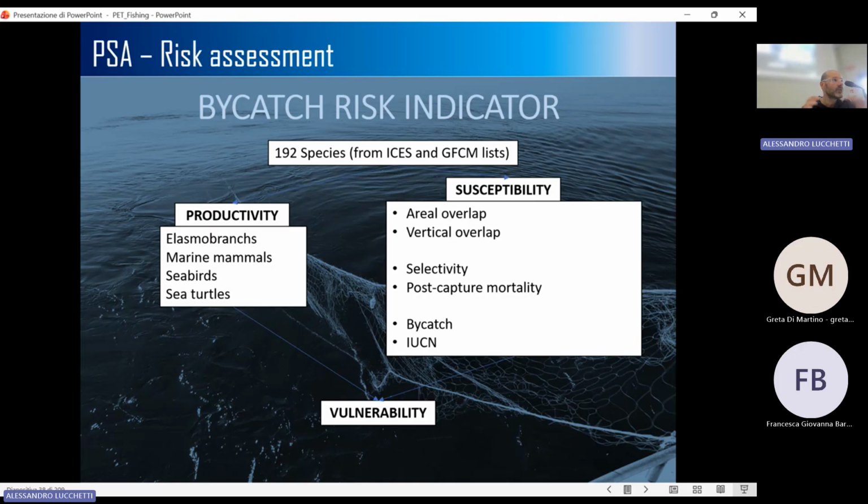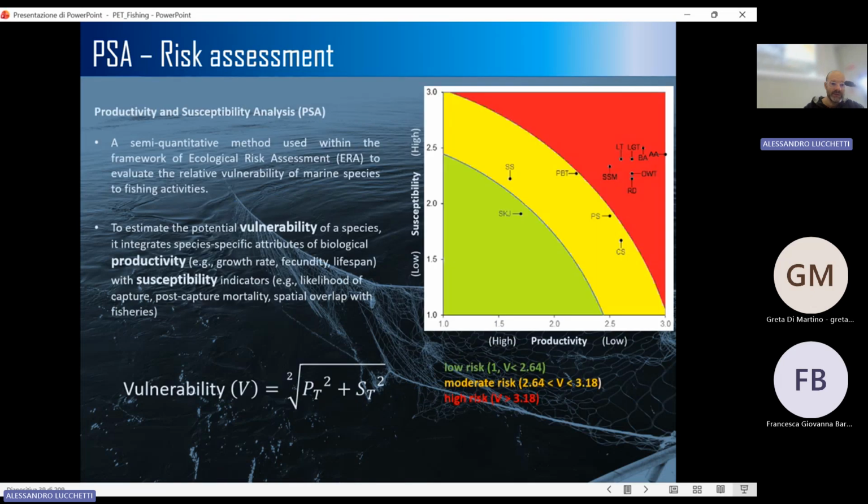By combining the productivity and the susceptibility, you have the vulnerability of this species, but I will show you better. By putting together productivity and susceptibility, you will have this type of data or graph where you can define, let's say, the potential risk for that specific species with that specific gear, etc. Red is not so good, green is good, as usual.